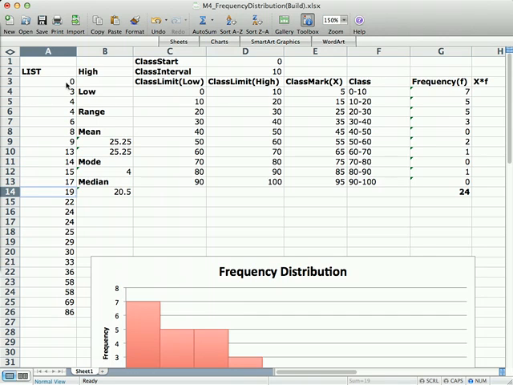Wait a minute. The median's, wait, how many numbers do I have? Wait, 23 numbers, right? So there should be a middle number. But this is giving me a decimal. Did I do that wrong? No, there's 24 numbers, because I added the 3 and it didn't take it away.